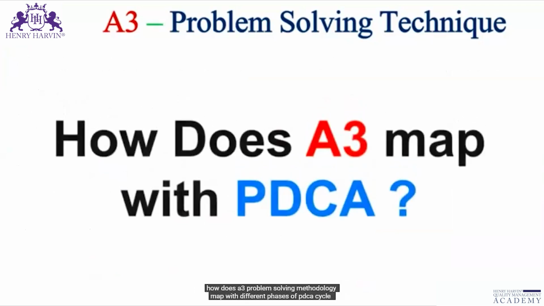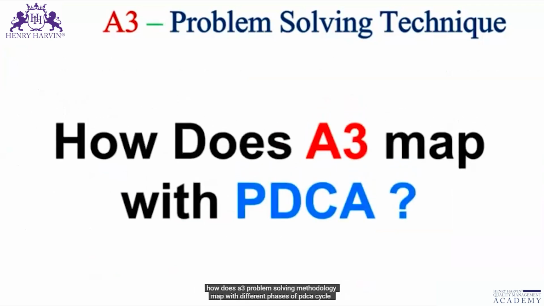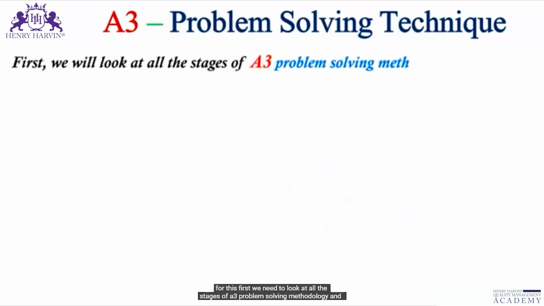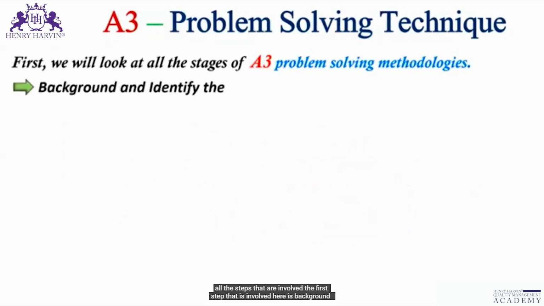So how does the A3 problem solving methodology map with different phases of the PDCA cycle? For this, first we need to look at all the stages of the A3 problem solving methodology and all the steps that are involved. The first step is background and identifying the problem or a need.